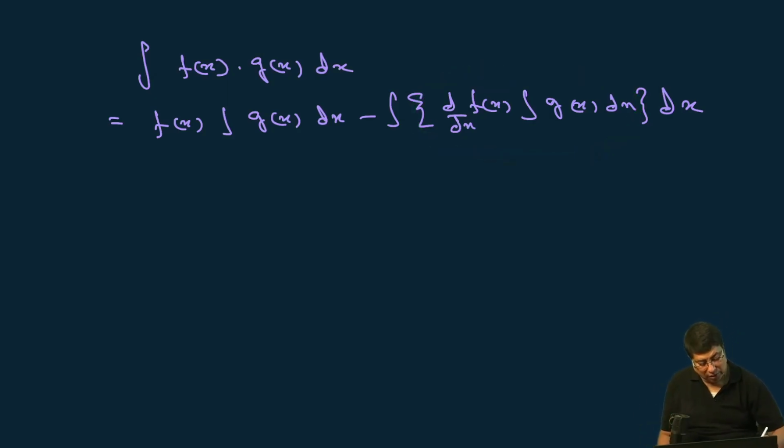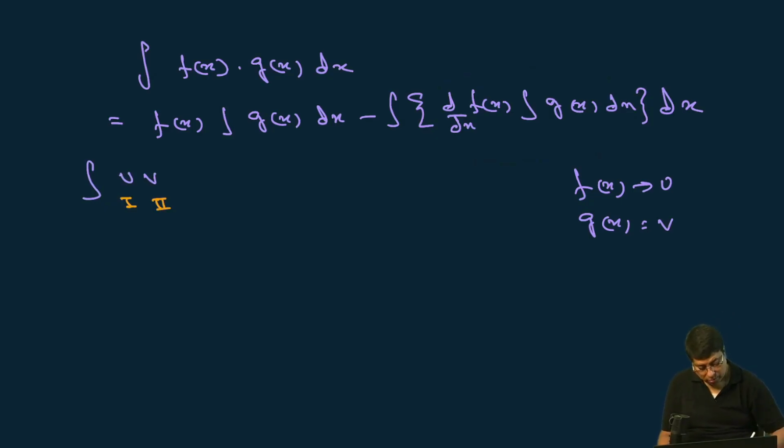Suppose f(x) is considered to be u and g(x) is considered to be v. Therefore, the integration of u v. Let us consider that u is the first function and v is the second function.